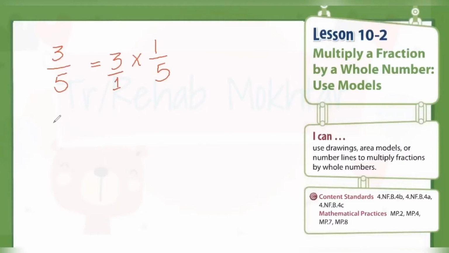So if I have an equation like 2 out of 7 plus 2 out of 7 plus 2 out of 7 plus 2 out of 7, how can I write this repeated addition as a multiplication equation? How many times do we repeat 2 out of 7? We repeat it 4 times.